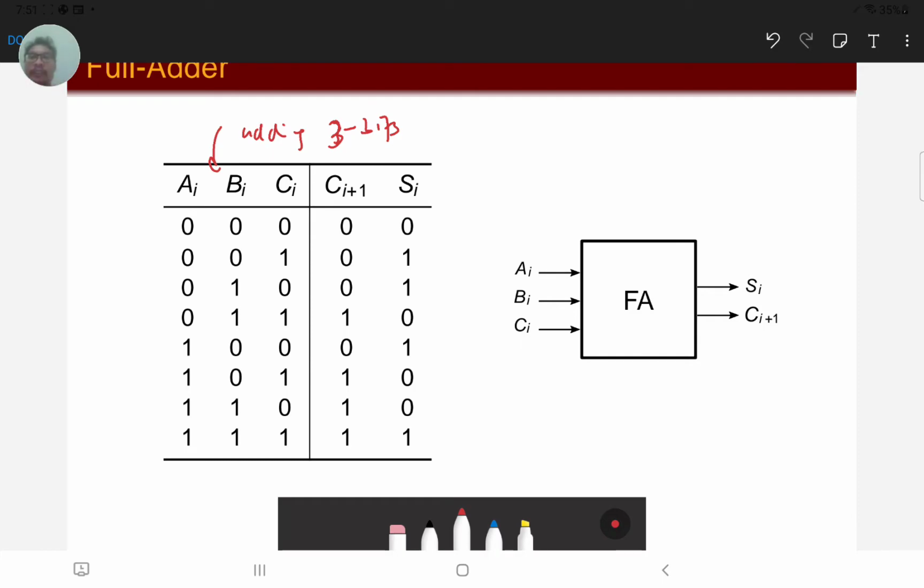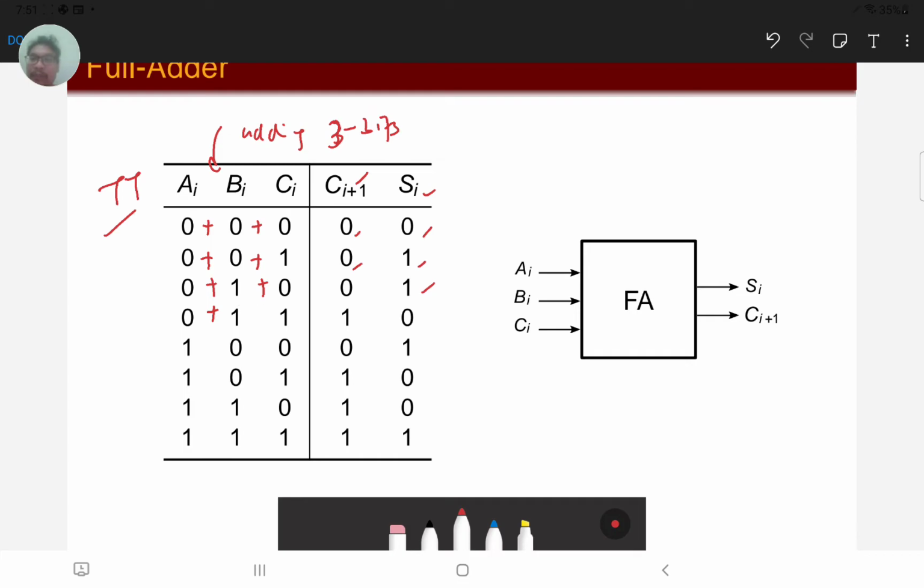For the full adder, we can derive the truth table, where we can see that 0 plus 0 plus 0 is 0. 0 plus 0 plus 1 is 1, so 0 1. Notice the sum is on the right side, the carry is on the left side. 0 plus 1 plus 0 is 1, and so on.